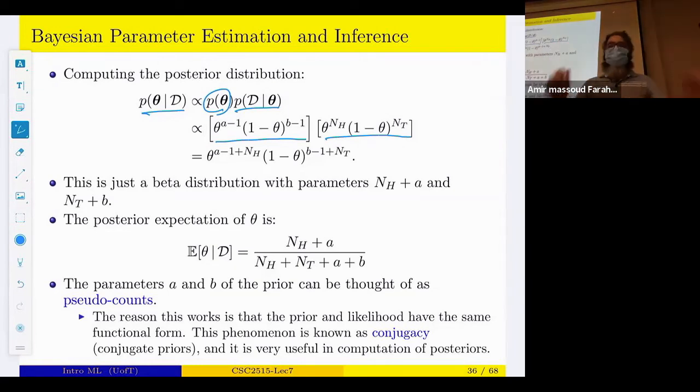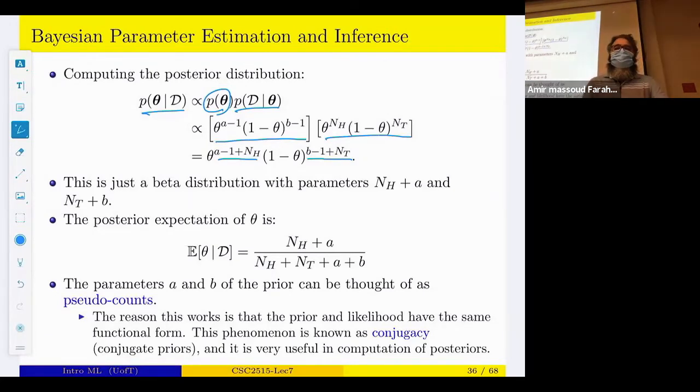If you rearrange these things, we get theta to the power of a minus 1 plus the number of heads, times 1 minus theta to the power of b minus 1 plus the number of tails.